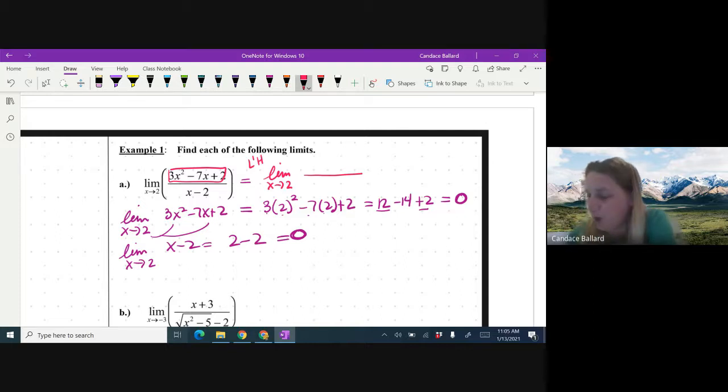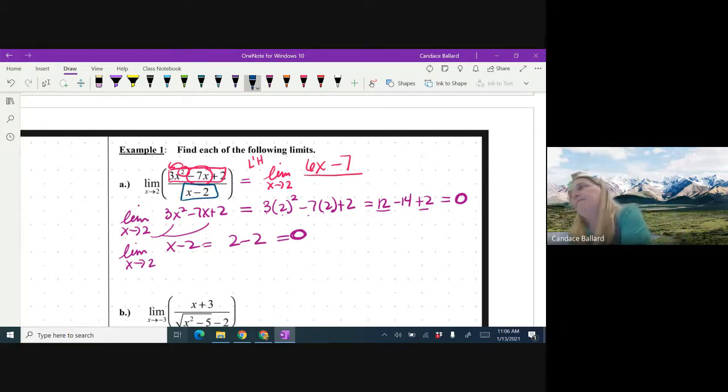Okay, so remember I take the number and I bring it down to the front. So 3 times 2 would be 6x, and then the derivative of this would just be a negative 7. So we have to make sure you're doing the numerator. Now we're going to do the derivative of the denominator. So help me out. What's the derivative of this denominator here? That's where the 1 comes in. Good job.